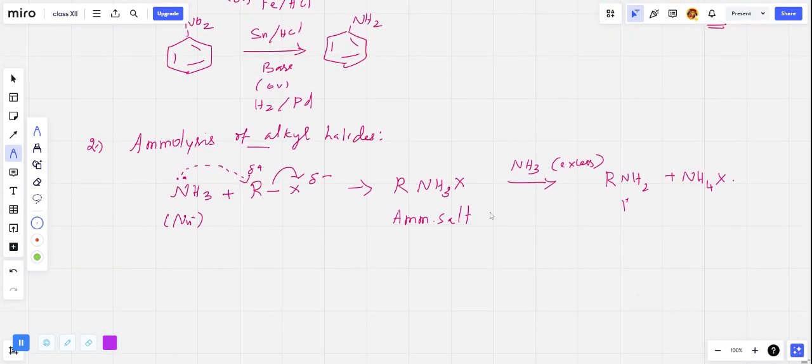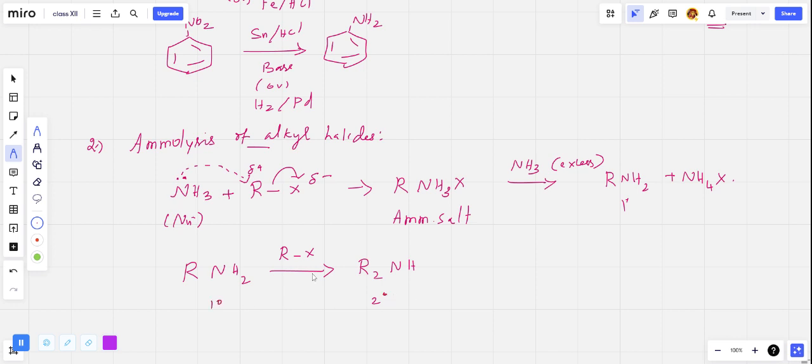If excess ammonia is there, we get the primary amine. This primary amine reacts with alkyl halide to give R2NH, a secondary amine.